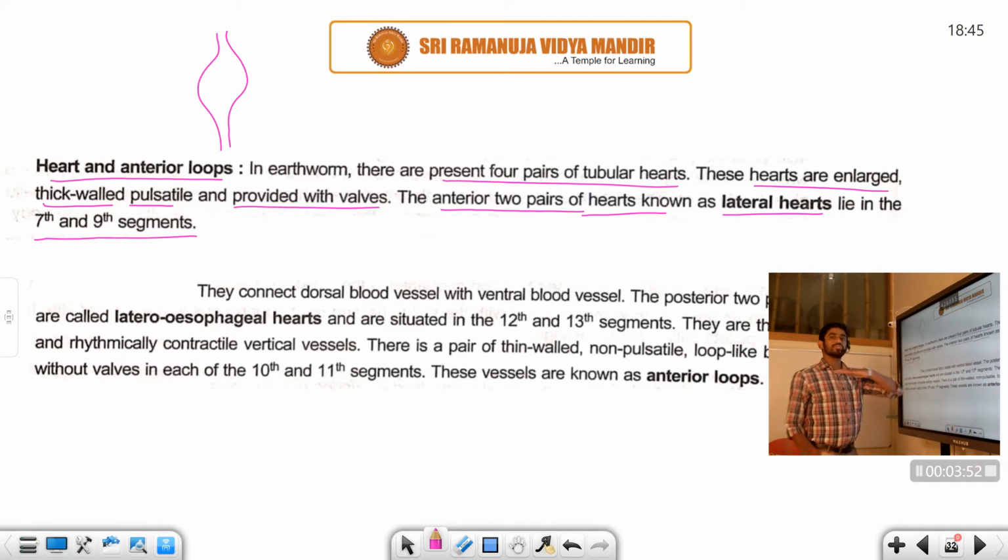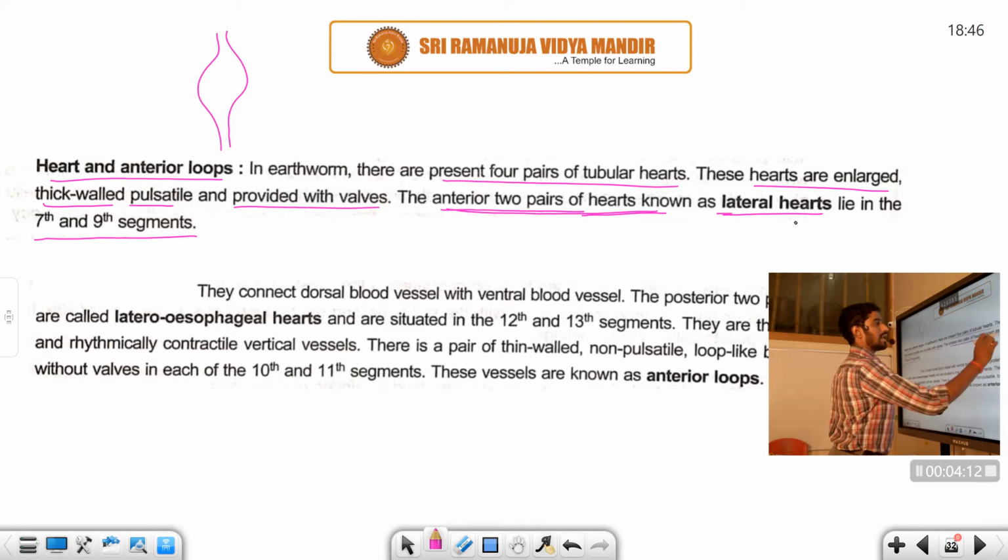Generally in the earthworm, the head part, the starting terminal part that represents the mouth, is the anterior part. The anus part represents the posterior part. So the anterior 2 pairs of hearts known as lateral hearts lie in the 7th and 9th segments only.